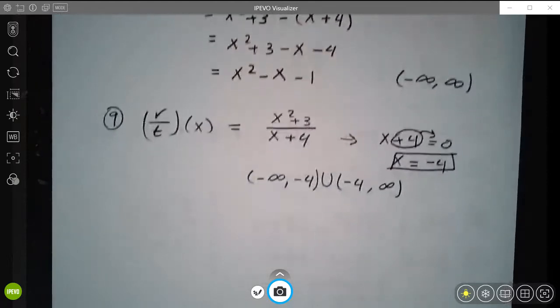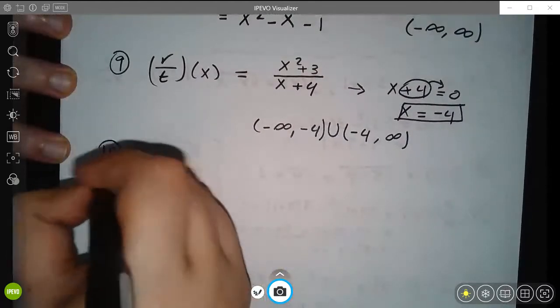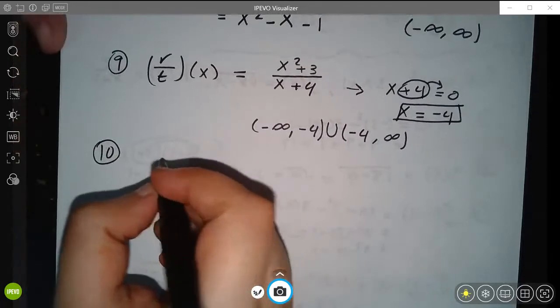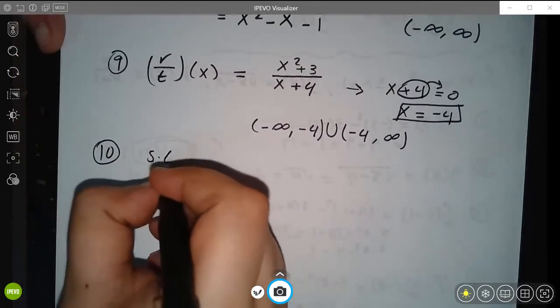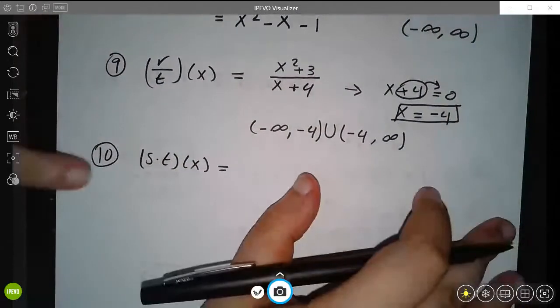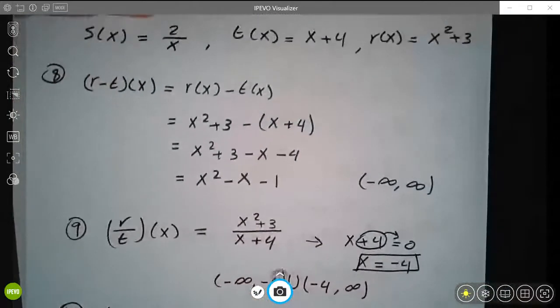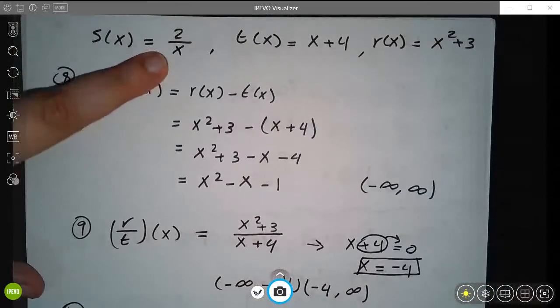Now let's do the last one, number 10. And this one's asking you to do what? Find s times t of x. So multiplication between s and t. Let's go back up just to take a look at what they are. So s is 2 over x. Yeah?